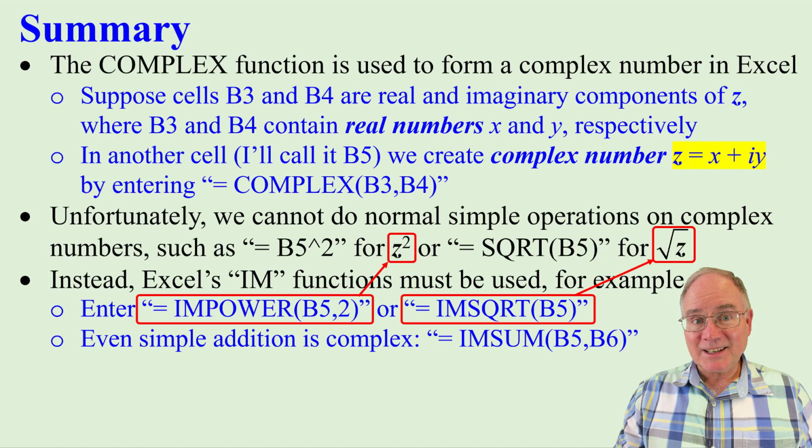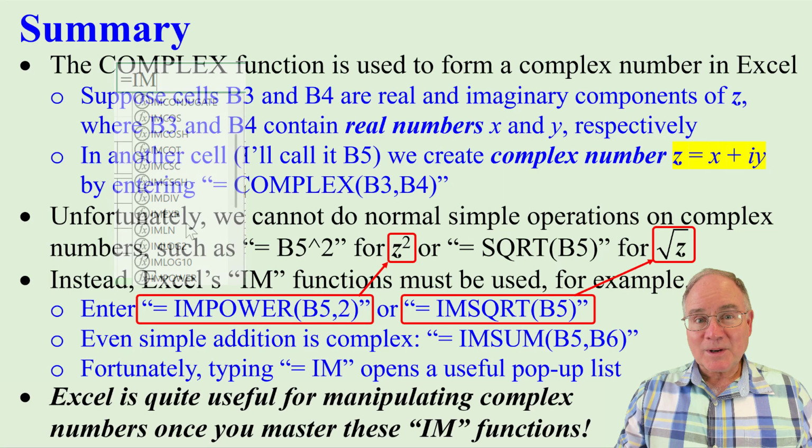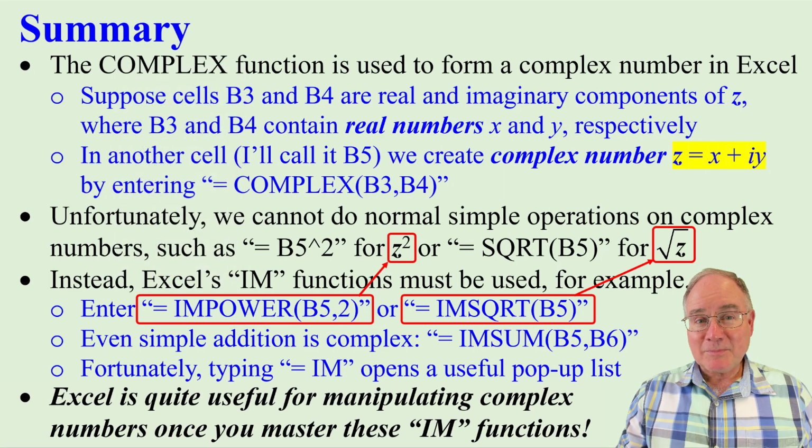Even simple addition is, well, complex. We use IMSUM to add two complex numbers. Fortunately, typing equal IM opens up a pop-up list, which is quite useful. So it is possible to manipulate complex numbers in Excel, but you must master these IM functions.